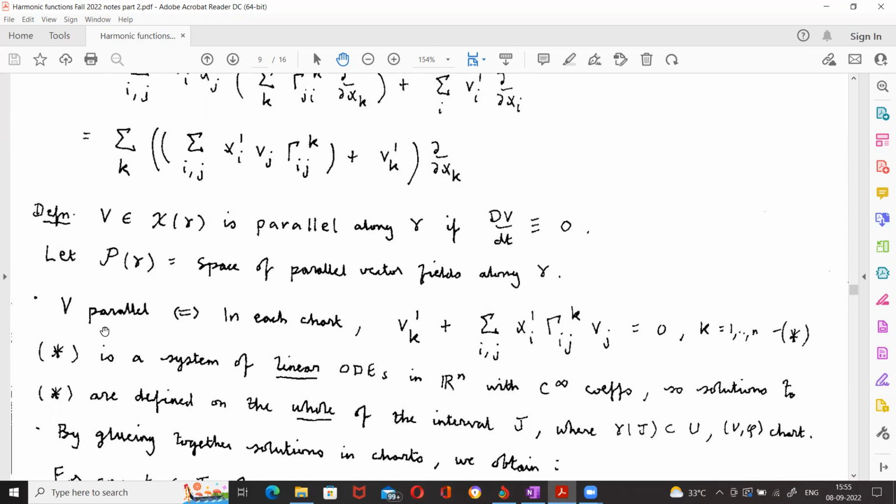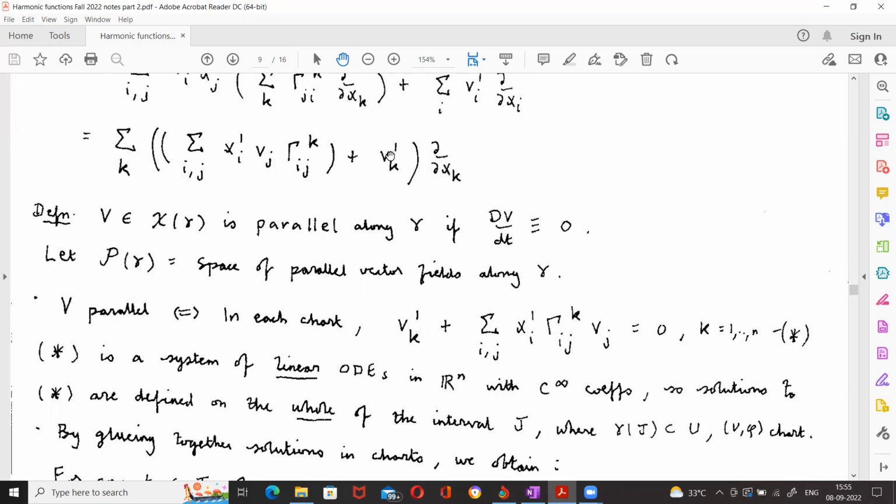Note that V is parallel if and only if in any chart its covariant derivative is 0. In the chart, the covariant derivative is given by a linear combination of the del del x k. So these coefficients have to be 0, right?